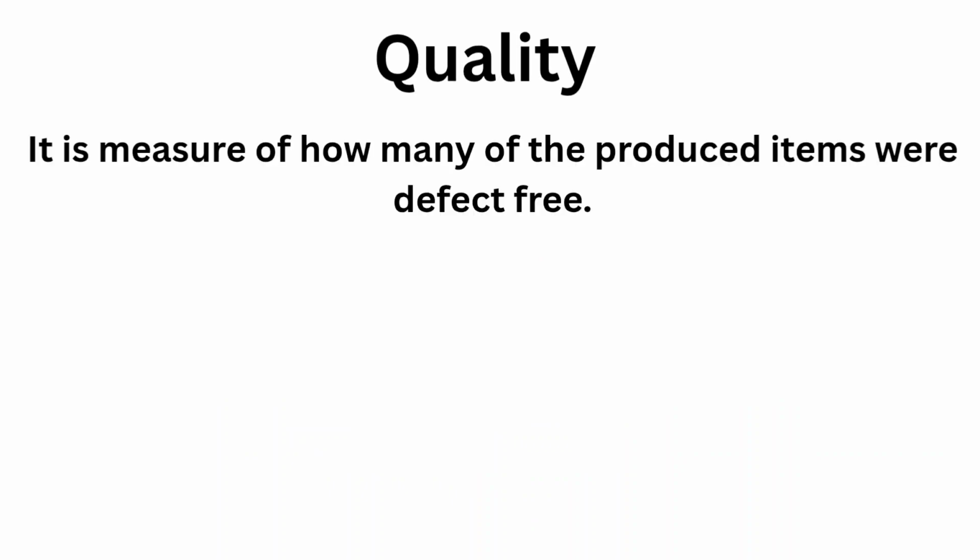Quality. Machine production quality is a measure of how many units produced from the machine were actually in a good and defect free state. Suppose we produce 400 units from a machine and 10 of them are rejected, so the actual output in good quality terms is 390. This is also an important factor to measure machine OEE.